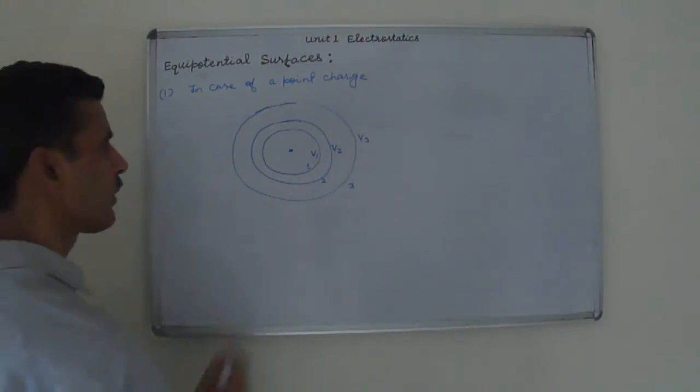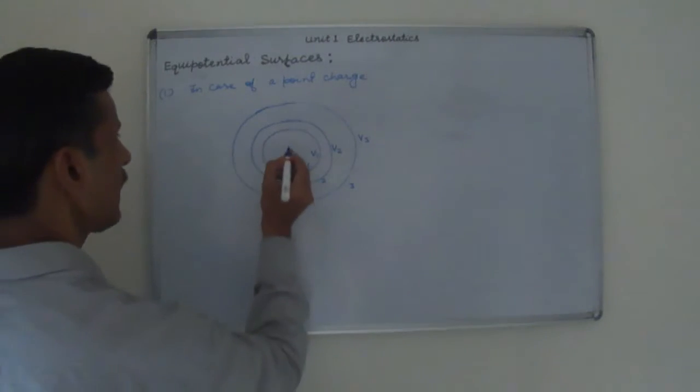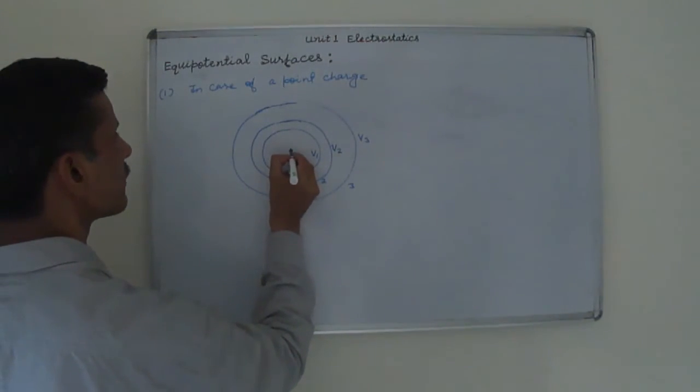Here we can also draw electric field lines. Say this is a positive charge.